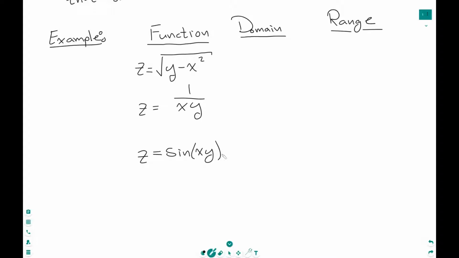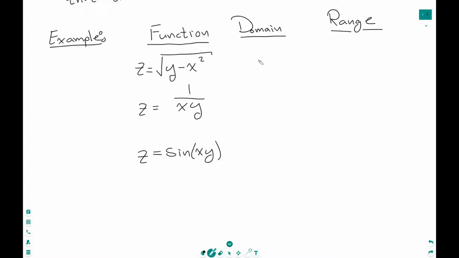So remember, the domain is what things I can put into my function, what's allowed. So I look at this first function, the square root of y minus x squared, right? And I want to figure out what can I put into here? Well, we're looking at this radical, and we should realize that we can't really have a negative inside this radical if we're going to restrict ourselves to the real numbers.